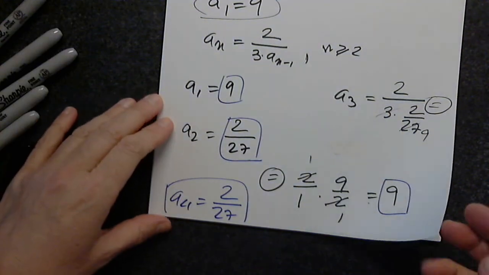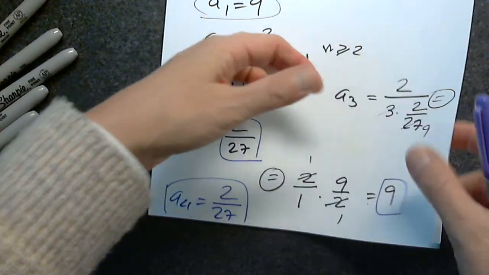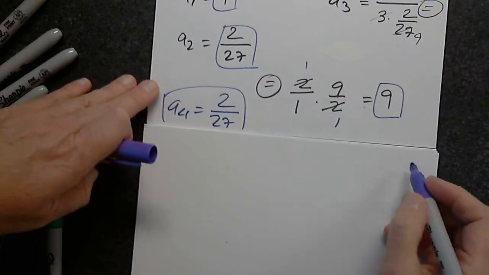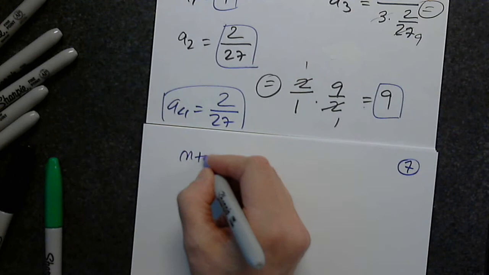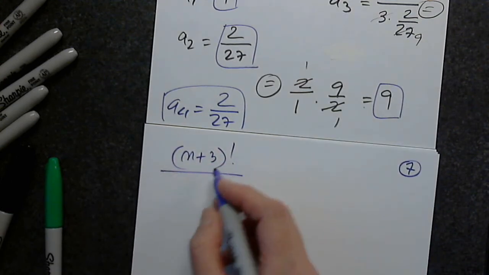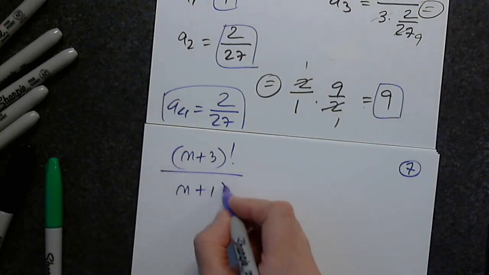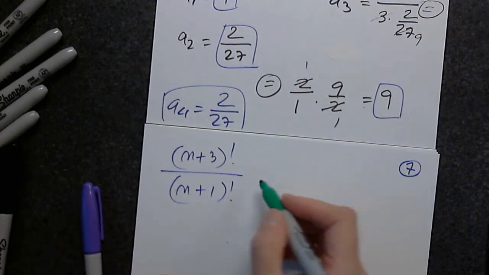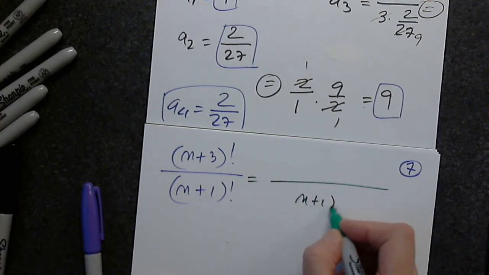Well, what if we want to simplify some factorials that we cannot plug in the calculator? Like, for example, let's say n plus 3 factorial divided by n plus 1 factorial. Which one is bigger? N plus 3, so we will leave n plus 1 alone.